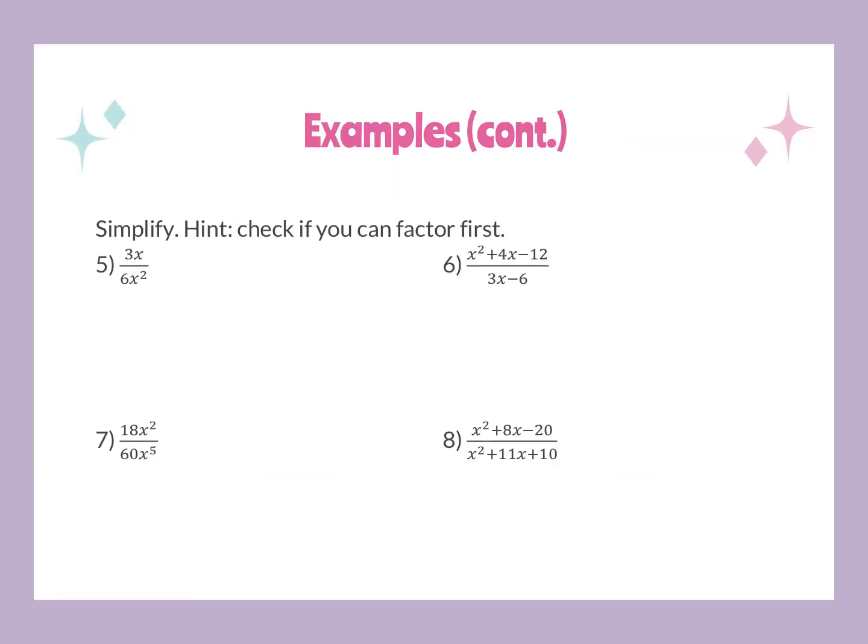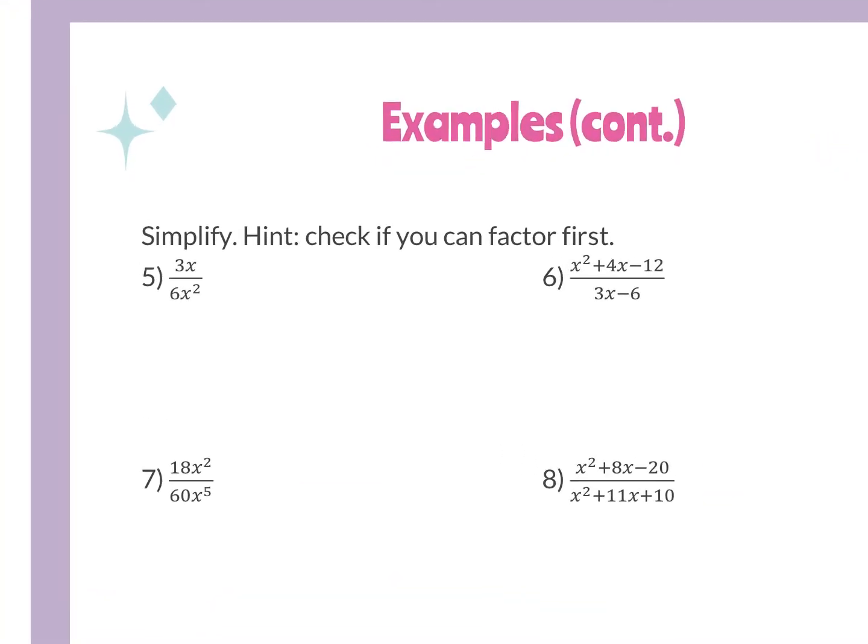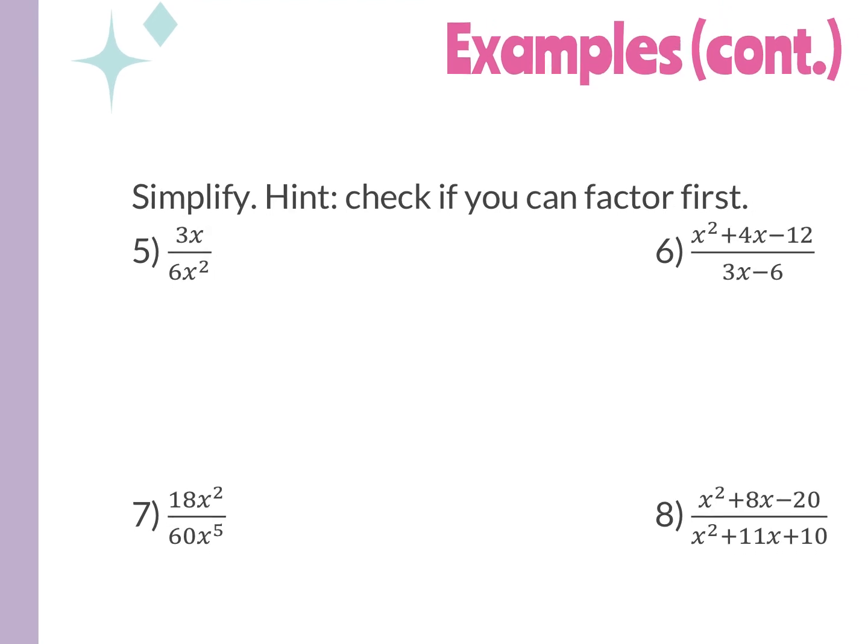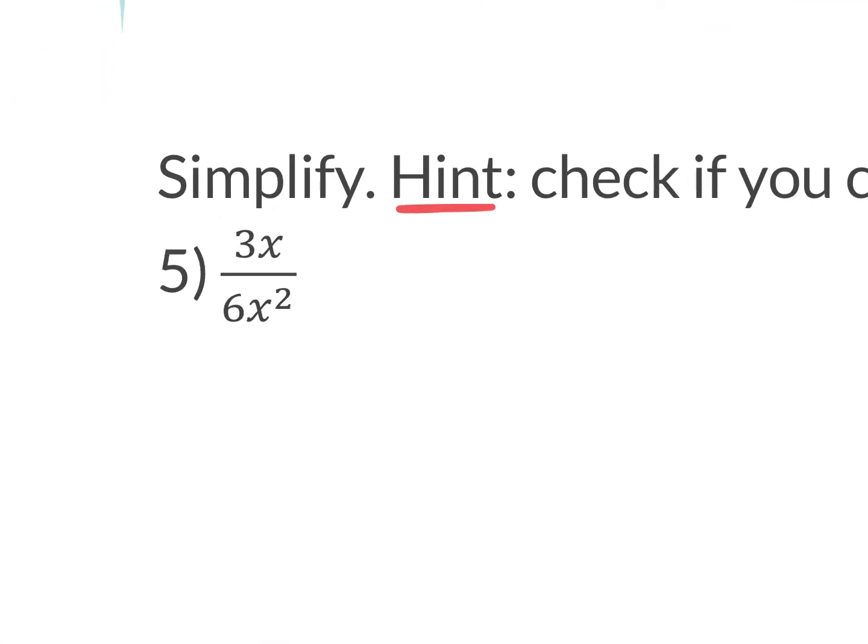Okay, so for number 5, still a nice, easy fraction, but notice up here in the instructions, hint, check to see if you can factor first. Now on number 6, we're going to factor that trinomial and factor a GCF before we start canceling. However, on number 5, I can simplify the fraction 3 over 6. This will simplify to 1/2.